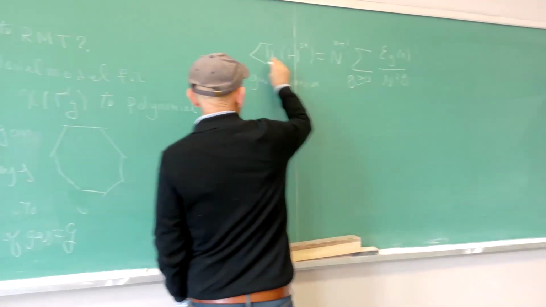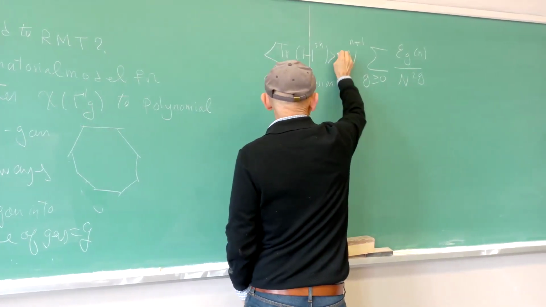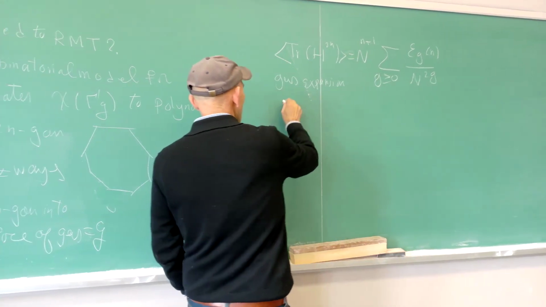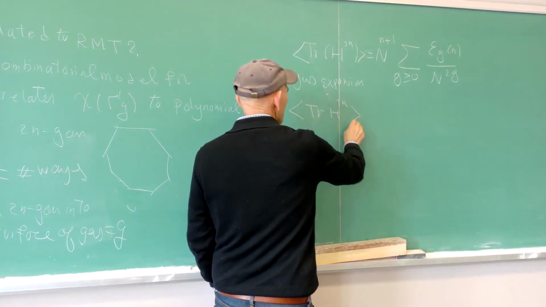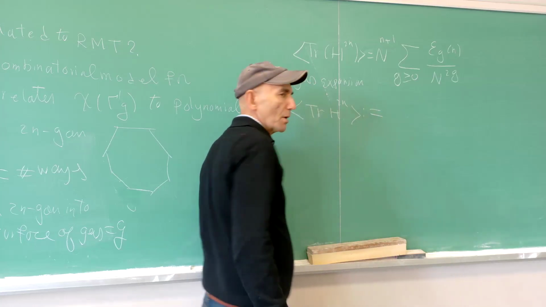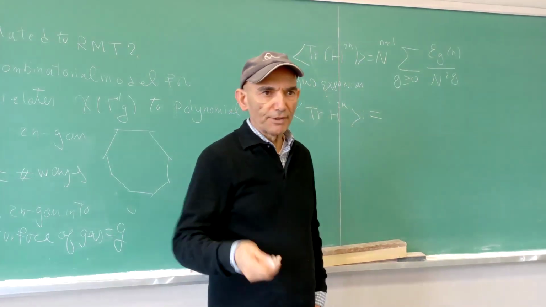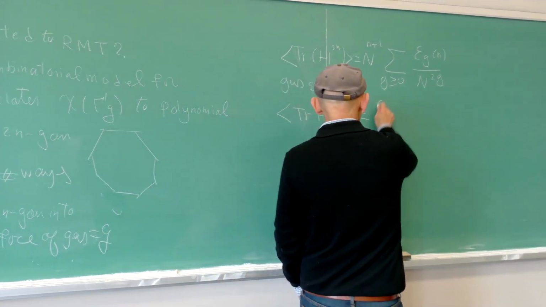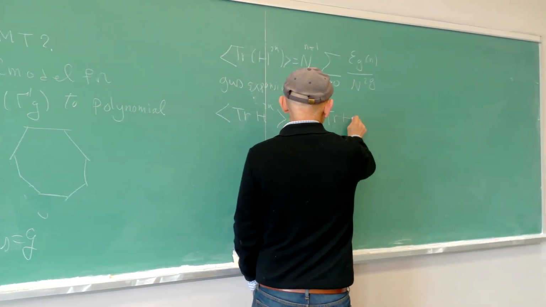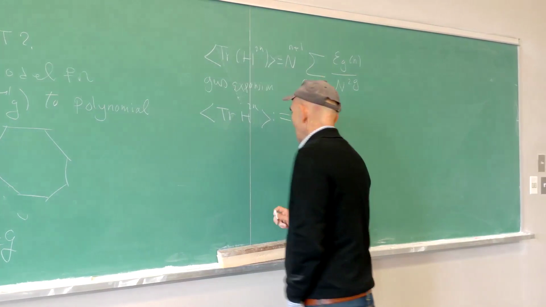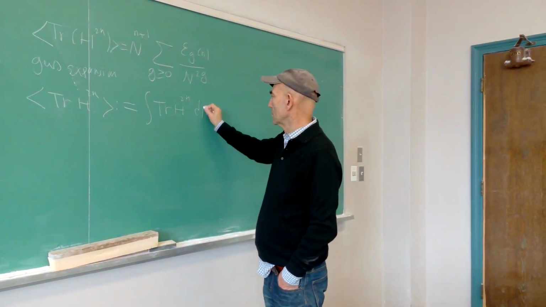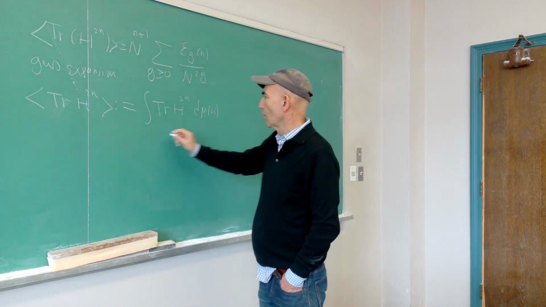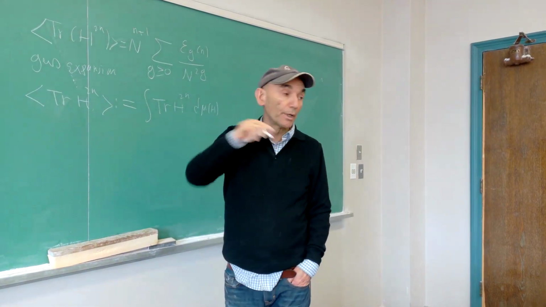So this is an expectation value. What is this quantity, the expectation of trace of H^2n? By definition it is equal to the integral of trace of H^2n d mu of h over the n by n Hermitian matrices, right?